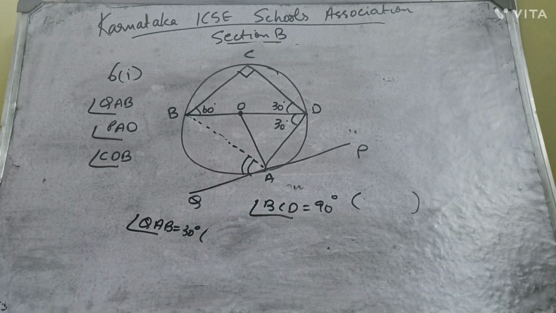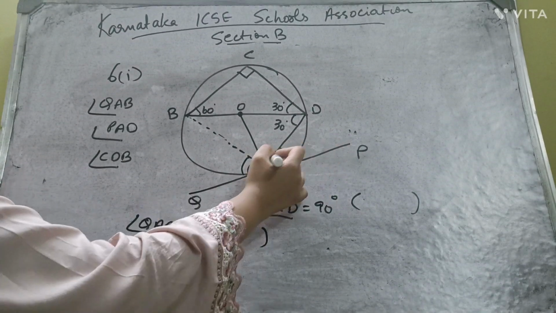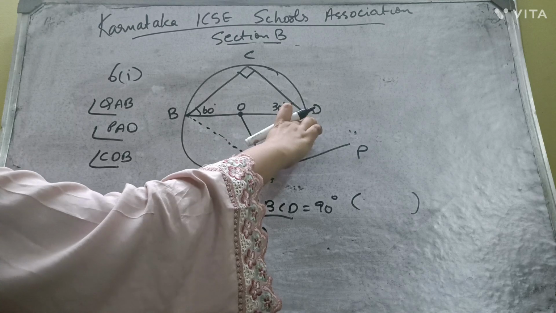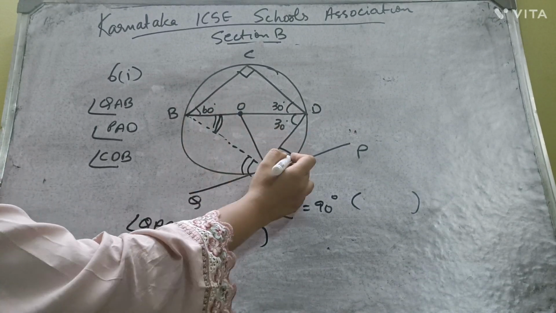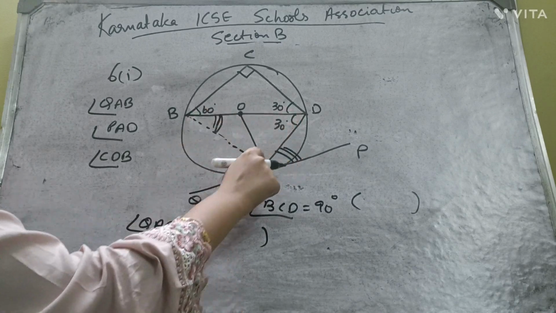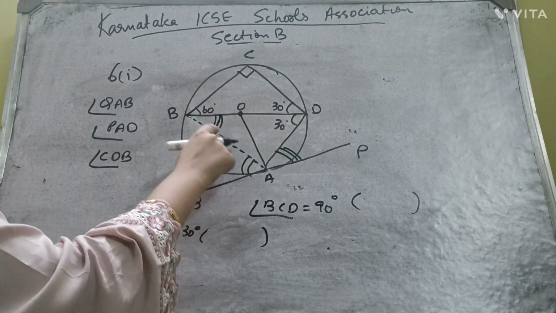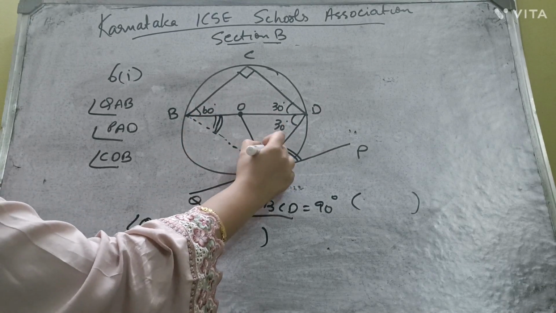You need to give the reasoning for it. If the reasons are not mentioned, you will not get marks. Then finding PAD. So PAD is here. So this angle should be equal to the angle made by this chord in the other segment. So this and this need to be the same. So what we'll do, we will take triangle BAD.